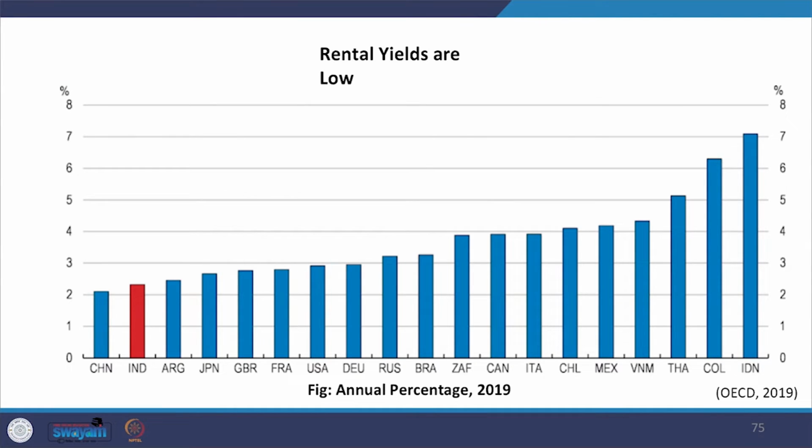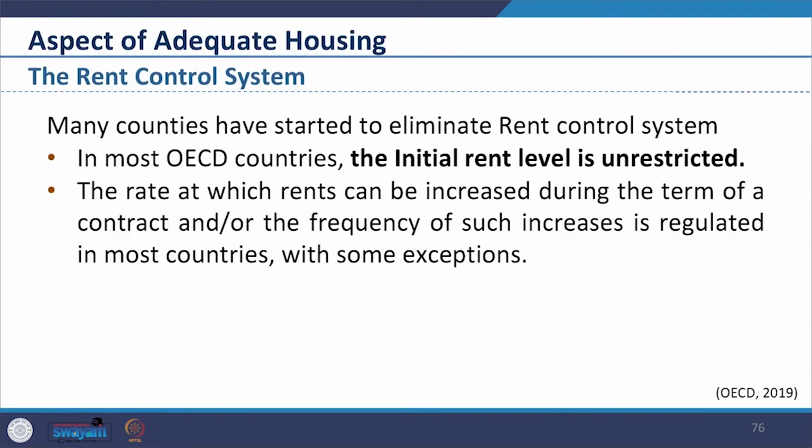The OECD survey suggests that the reason for the small rental market in India is partly due to low rental yields in major cities compared to other emerging economies and OECD countries or other forms of investment, due mostly to strict rent controls. Many countries have started to eliminate rent controls.